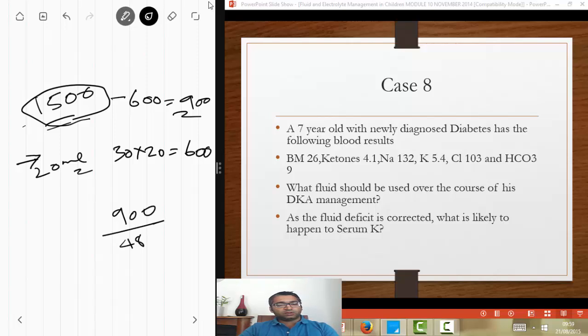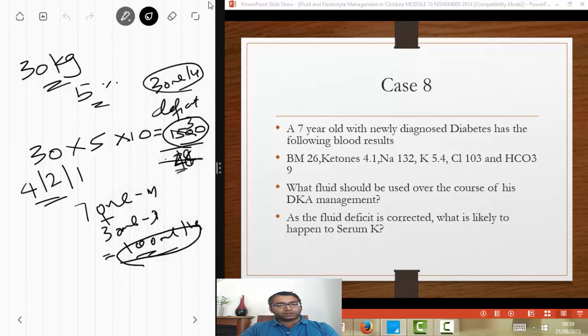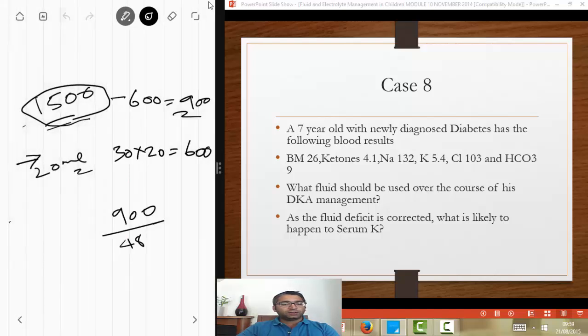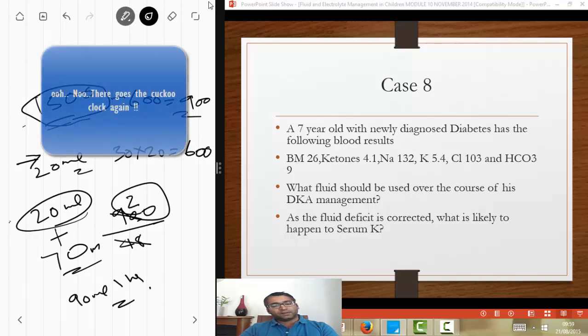So earlier we calculated that the deficit correction was 30 ml an hour. Let's see what the new one would be. So this will be roughly 20 ml an hour, not 30 ml an hour. So you can see the difference, and the total fluid would be, with the maintenance we calculated, 20 plus 70, which is 90 ml an hour instead of 100 ml an hour.